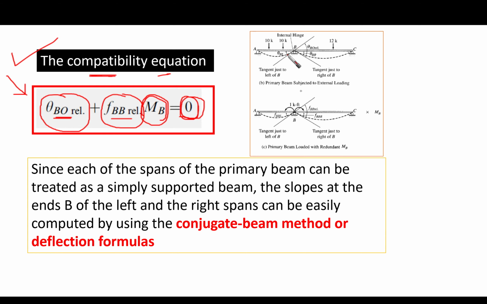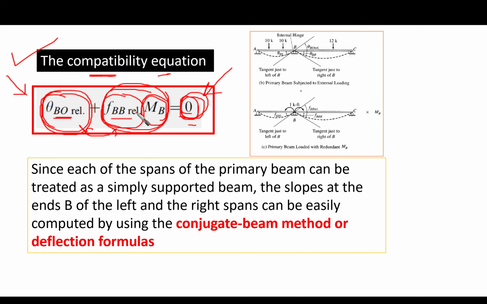That means the relative difference in the slope is 0. So the rotation due to external loading plus the rotation due to our redundant cancel one another, and we end up with a smooth slope in the elastic line. This is the meaning of the compatibility equation here.